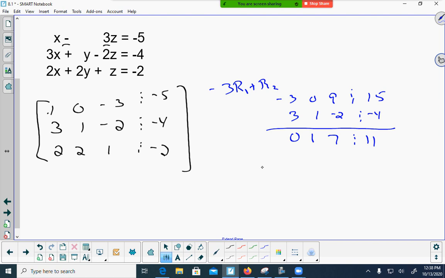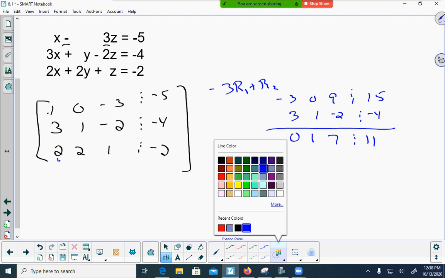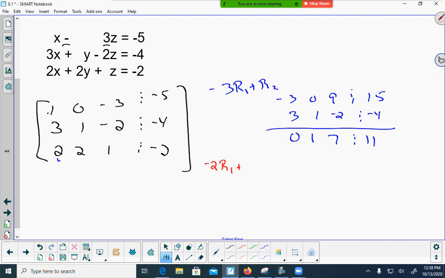Okay, now I want to make this a 0. What am I going to do to make that a 0, John? You would multiply row 1 by -2 and add it to row 3. So -2, 0, +6, +10.